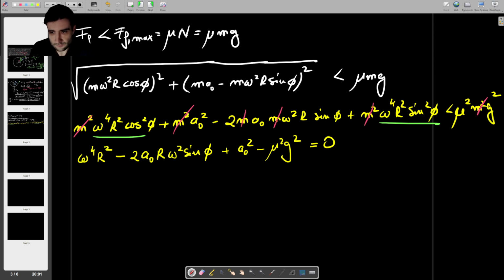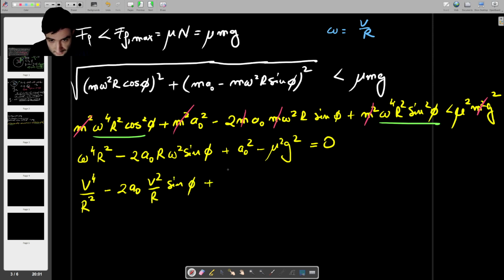But before that, I want to change my omega. We know omega is v over r, so this first term is going to become v to the power 4 over r squared. Then this is going to be minus 2 a0, and I believe this is going to be v squared over r sine phi.